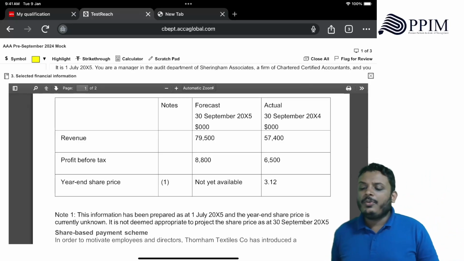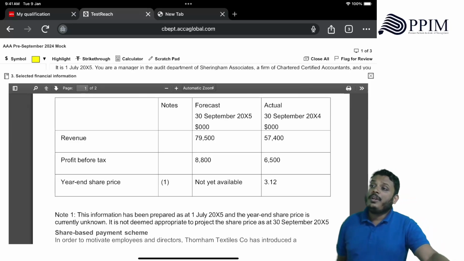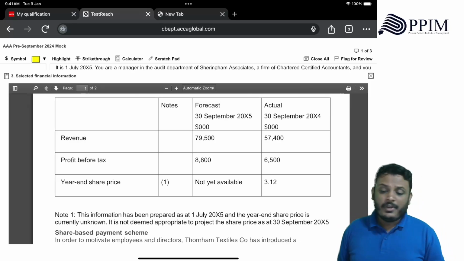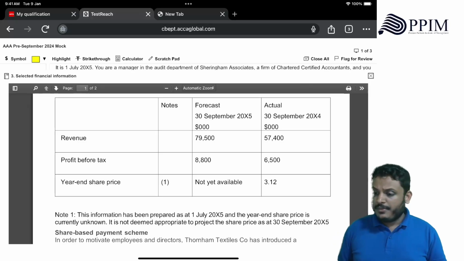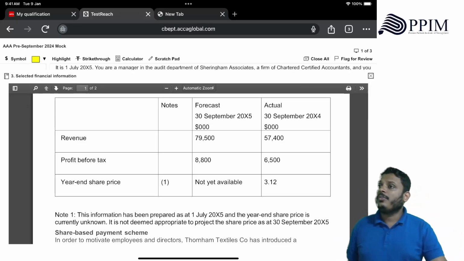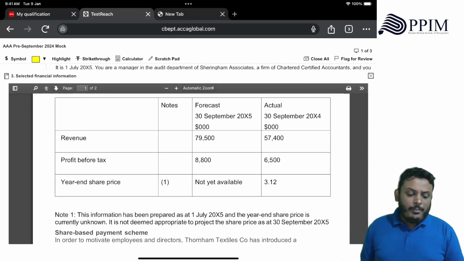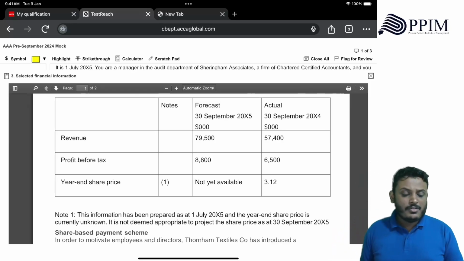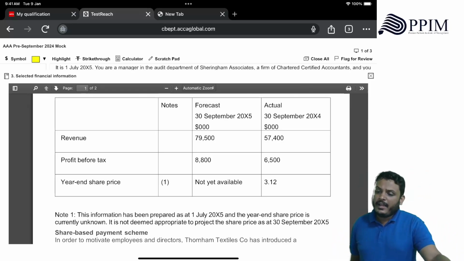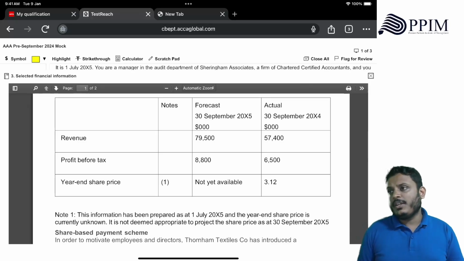See here, revenue 57,400 and it becomes 79,500. Revenue is increased, a massive increase. If you look at profit before tax, that is 6,500 and it becomes 8,800. So again there is an issue, increase.